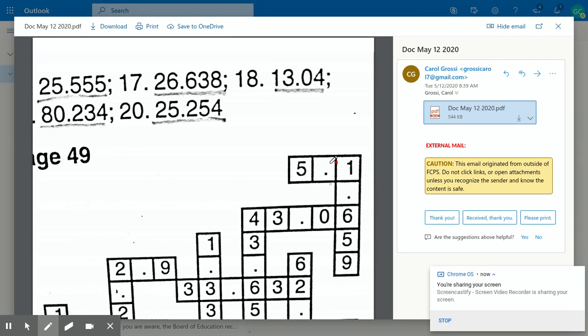So for example, for number 1, on your page you had 8 minus 2.9.